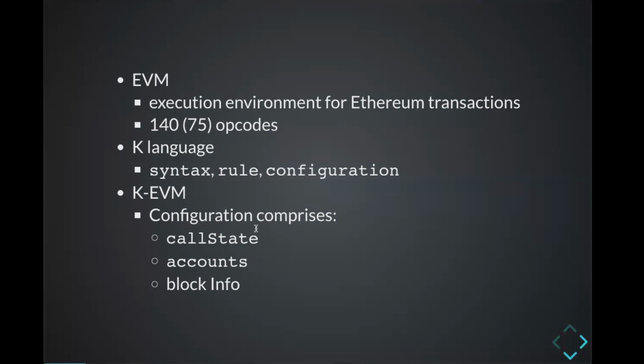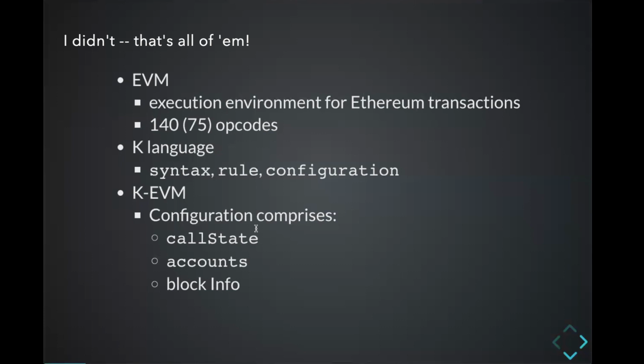Then there are also accounts, which comprise the accounts that are available for you in the network. Each account is composed of its address, its code, which is 0 for external accounts and non-zero for contracts. Its storage, which is also 0 for external accounts and non-zero for contracts potentially, as well as its balance, nonce, and I'm pretty sure I forgot one of them.